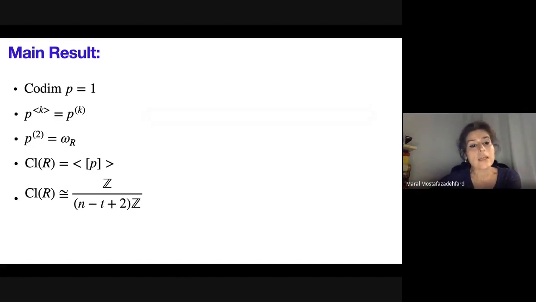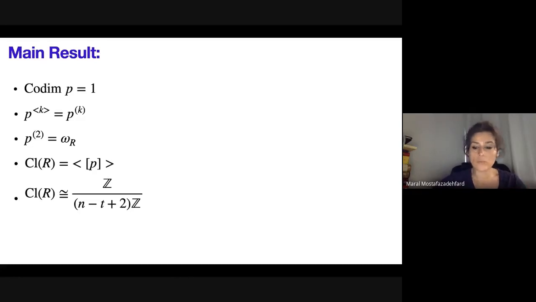These rings are never factorial if you change the t over n. And even in the Q-Gorenstein case, when t is equal to n and you are working with hypersurfaces, the divisor class group will be Z2. So even in the Q-Gorenstein case, they are not factorial.